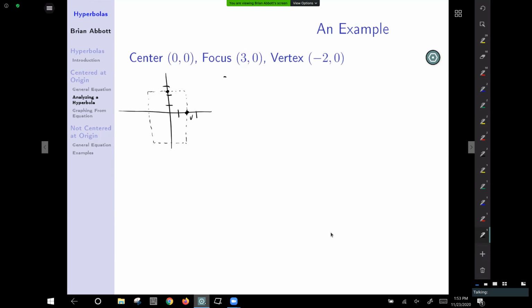So how are we going to find the asymptotes? Well, asymptotes are lines. And what is a line? y equals mx plus b. That's the final format, but that's not the important formula to know here. The important formula is y minus y1 equals m times x minus x1.